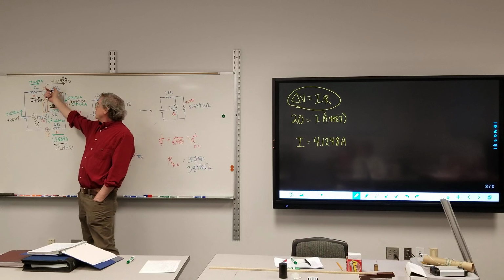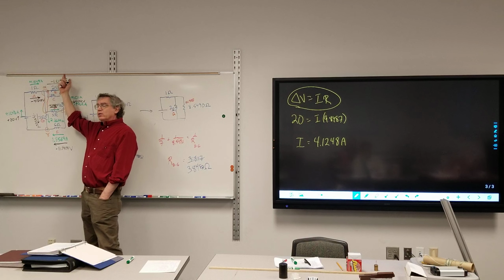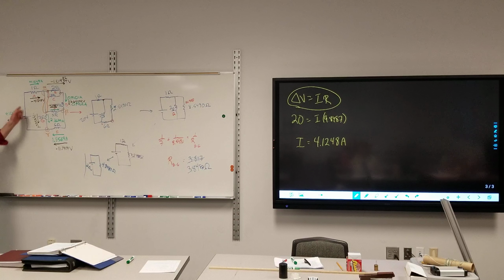So now I know the voltage across one of those, then we can find the current going across each of these. 4.2 or 3.4? The way I did it was going over there.